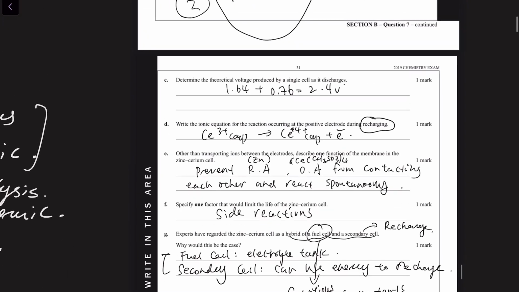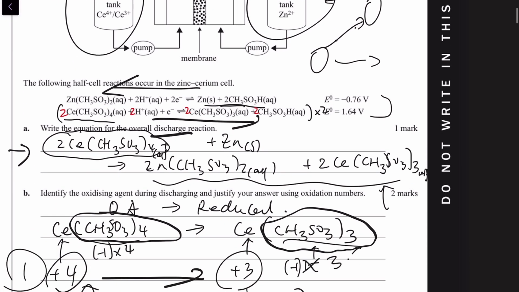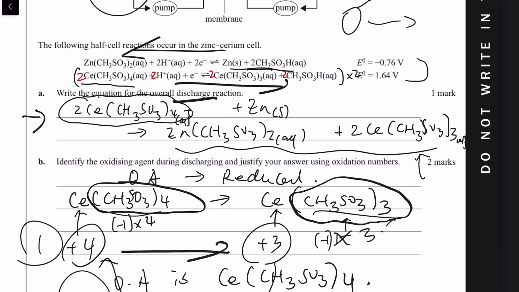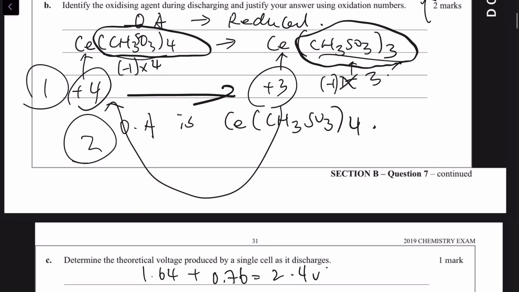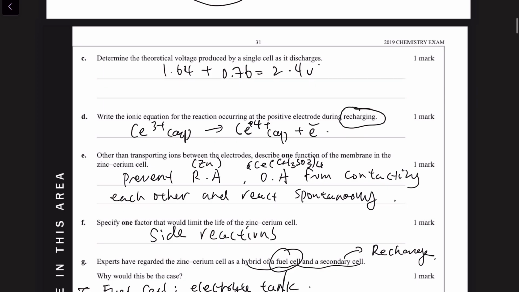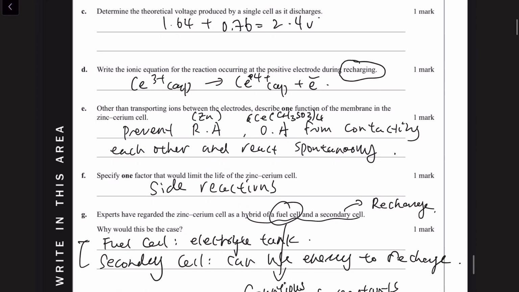So this is the kind of question you would encounter in the exam. It's really just to apply your chemistry knowledge. You need to know how to apply the electrochemical series in reverse order. You need to know oxidation number to justify what is the oxidizing agent. You need to know the theoretical voltage required. You need to learn how to read the question carefully.